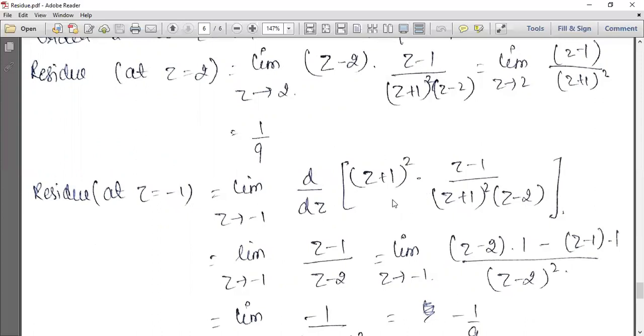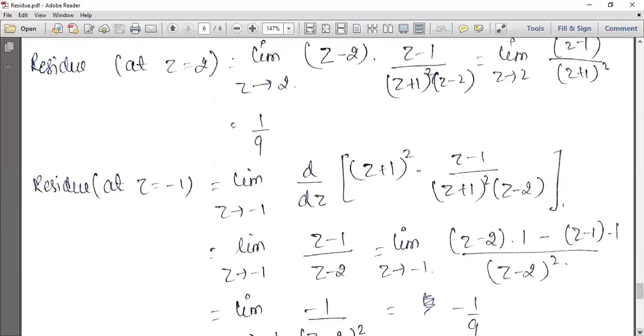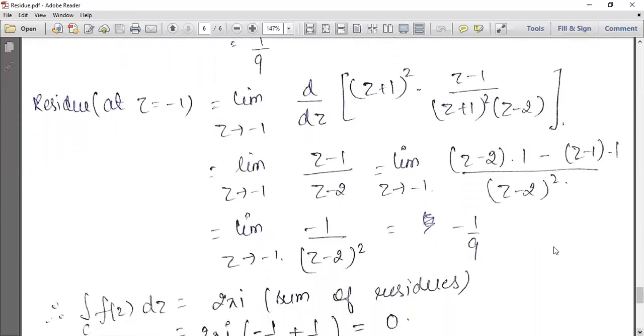Here z minus z naught is z plus 1 because z naught is minus 1. So z plus 1 square will get cancelled and I will be left with this. Here d by dz will come. We need to find the derivative. So this is this derivative, and then just replace z with minus 1.